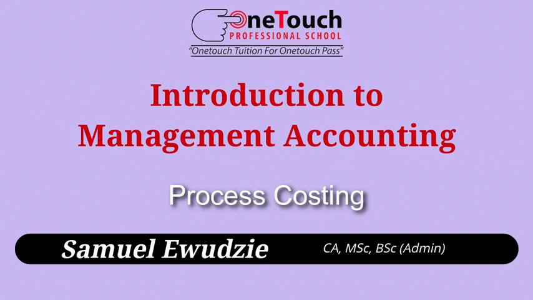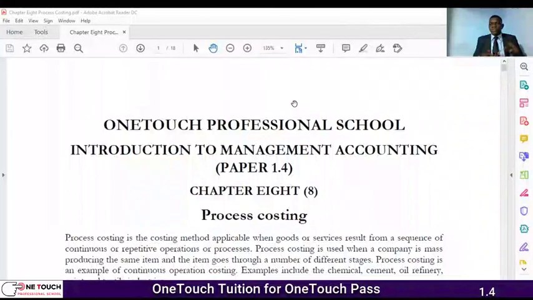Now, in our previous lecture, we looked at costing methods, where we looked at job costing. We've also looked at batch costing. Now, process costing is another method of costing. This is a situation where the production is in a chain of series.